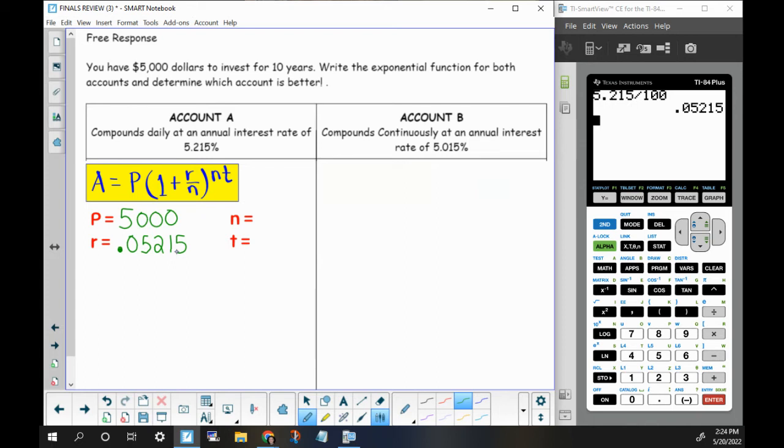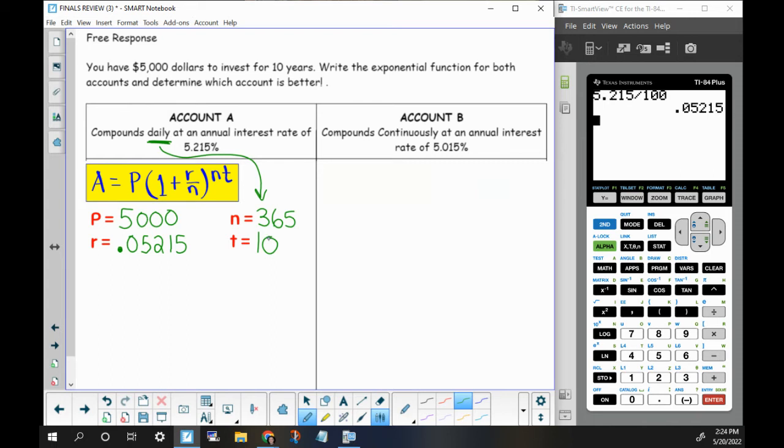How many days are in a year? 365 for daily. Remember, that's going to tell us what our N will be. And then what's our T? You already did it. What's our T? 10.